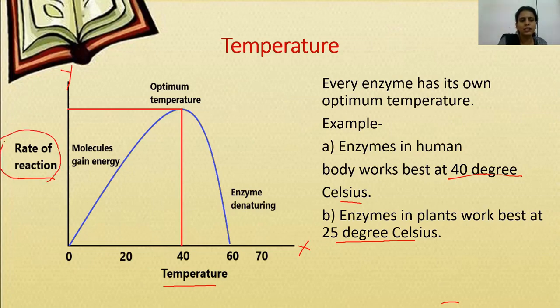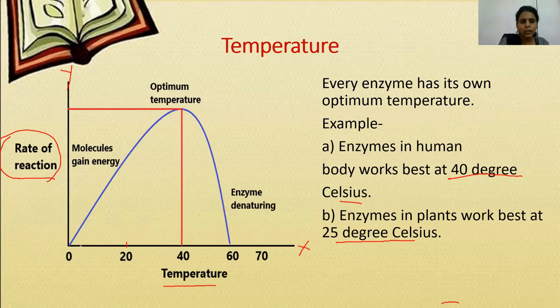Just take the example of an enzyme in the human body. The scale is 0, 20 degrees Celsius, 40 degrees, 60 degrees, and 70 degrees. If the temperature is 0 degrees Celsius, what will happen? The rate of reaction is also 0.